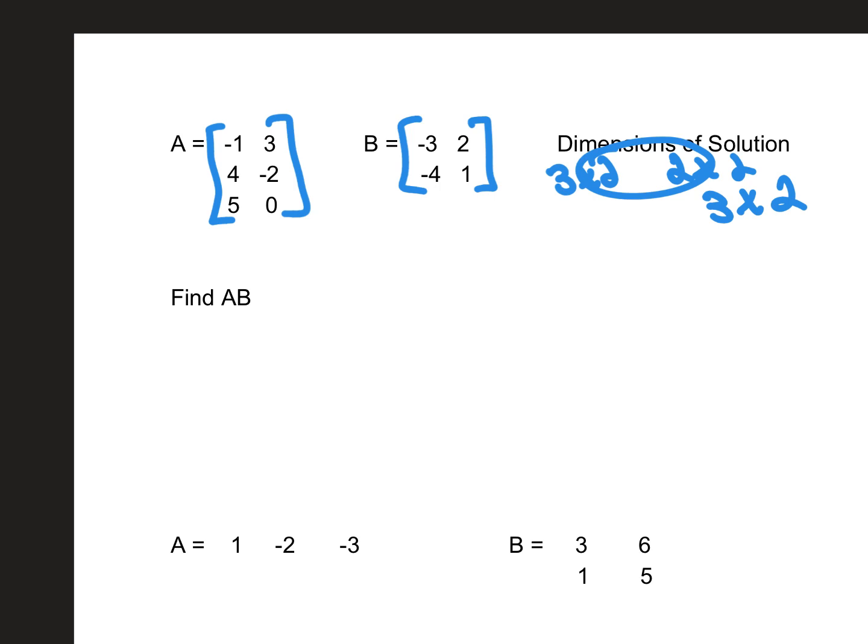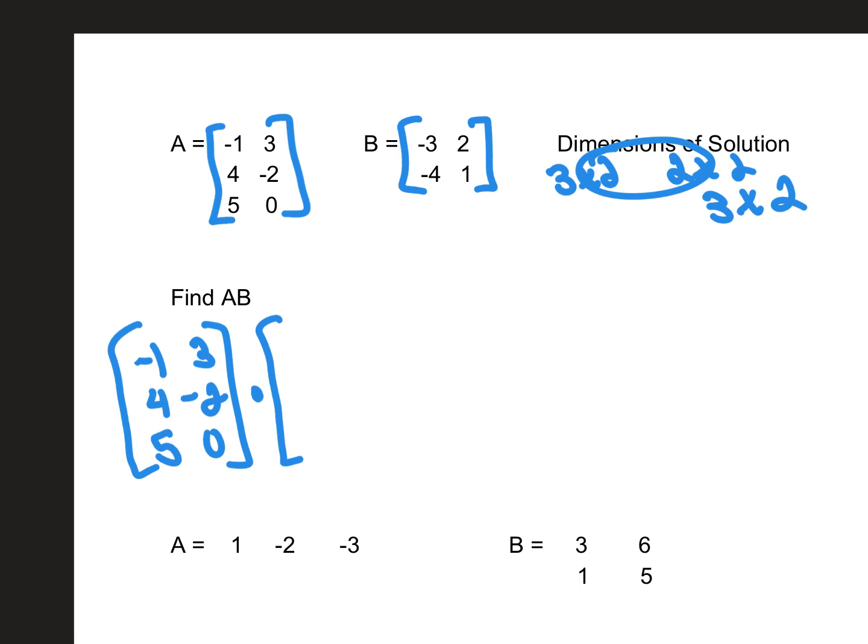So I'm going to have A is going to be -1, 3, 4, -2, 5, 0. There's my A. And I'm going to multiply it by B, which is -3, 2, -4, 1. Okay.